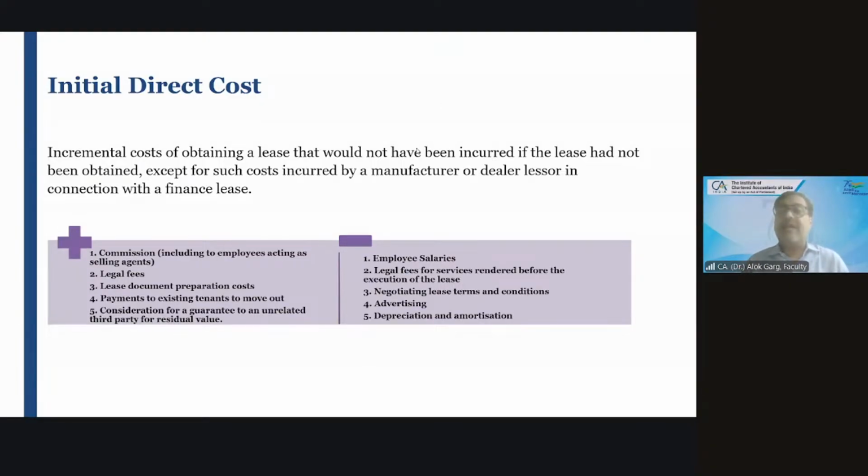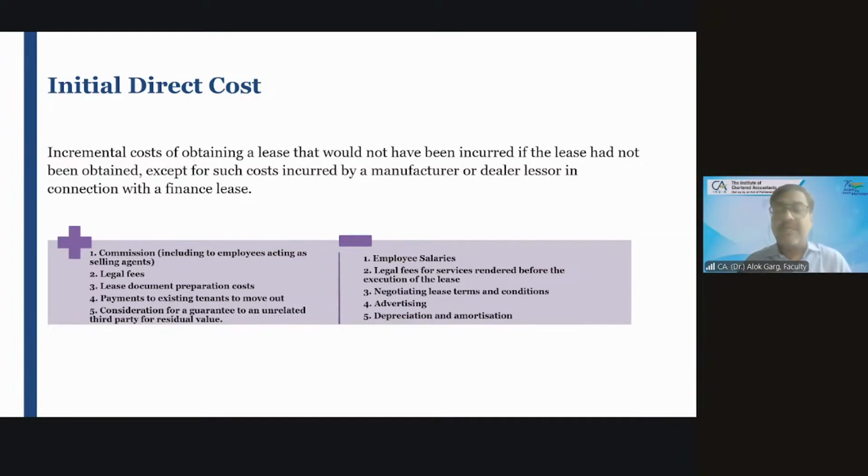Yeah, so initial direct costs are those incremental costs which are directly associated with the lease contract, right? So the incremental cost of entering into a lease contract. For example, when you finalize the lease, you have to pay the brokerage or commission to the broker, to the agent.